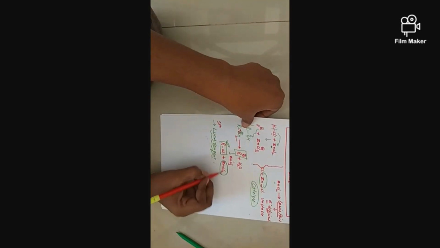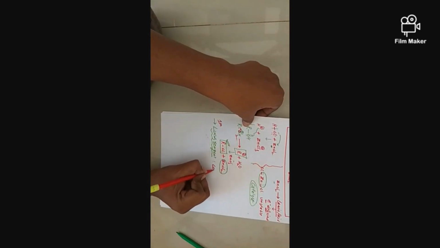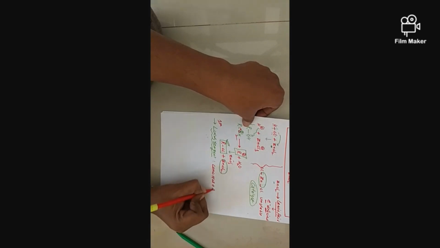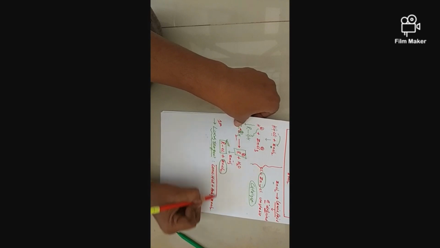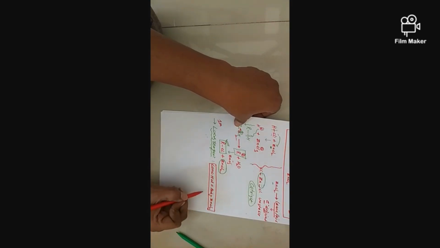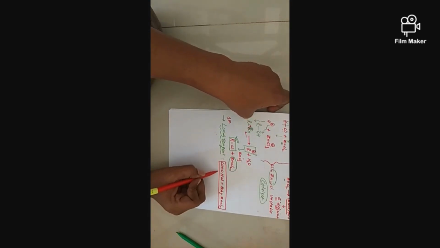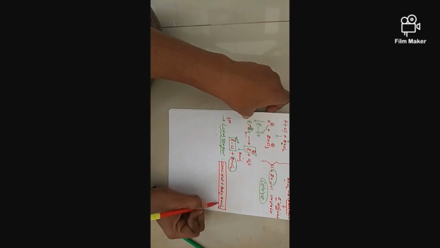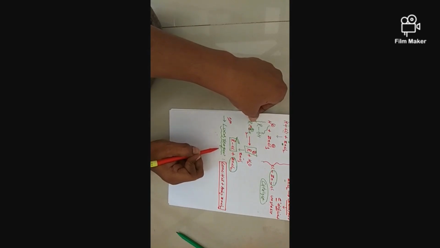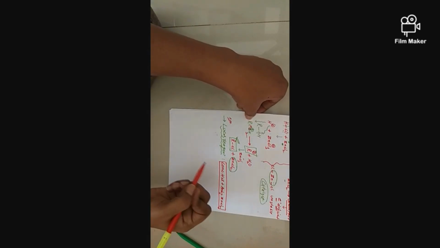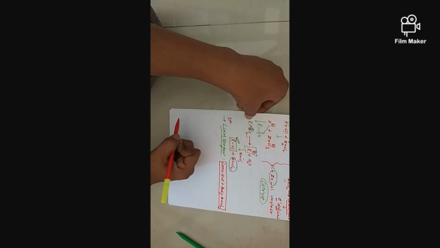Lucas reagent means a mixture of concentrated HCl and anhydrous ZnCl2. Once again, a mixture of concentrated HCl and anhydrous ZnCl2 is taken as Lucas reagent. It is very important, asked a number of times in the annual paper.